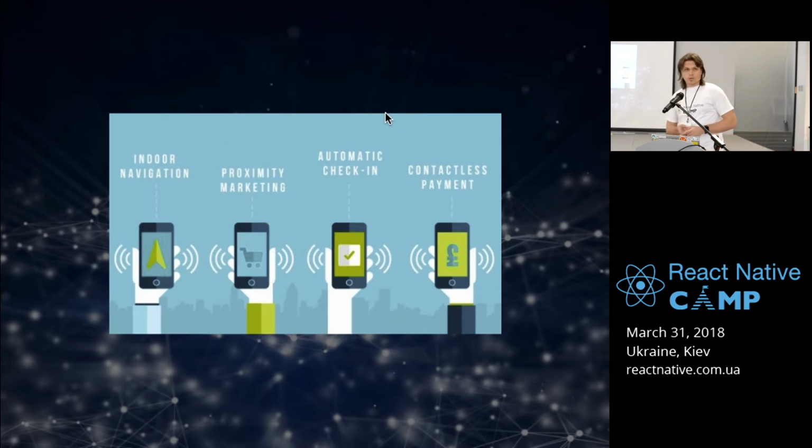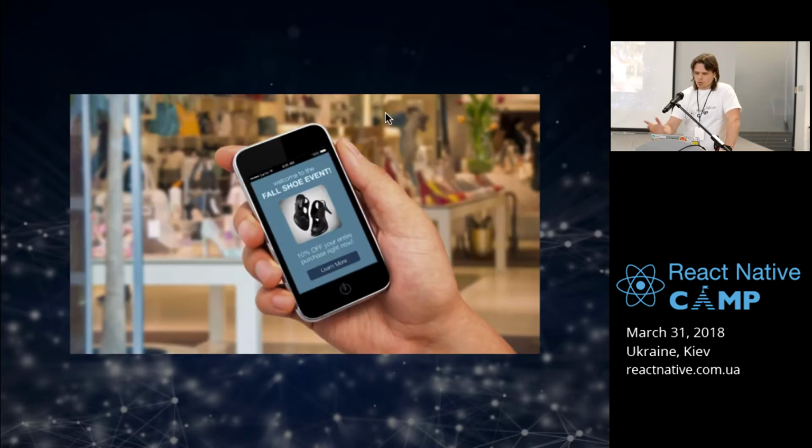It's used for indoor navigation, which is a topic of its own, and it's really cool. It's like taking beacons and deploying them inside, for example, an airport, having a beacon grid inside the airport and triangulating where the person is, and based on his exact location, navigating him through the airport. We have proximity marketing, automatic check-ins, contactless payments, lots of things.